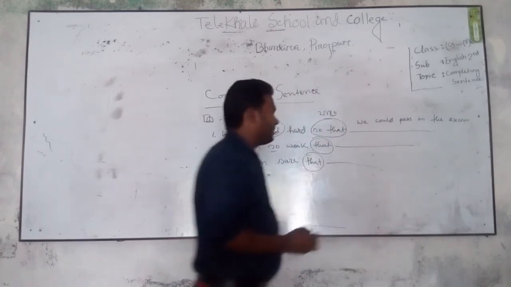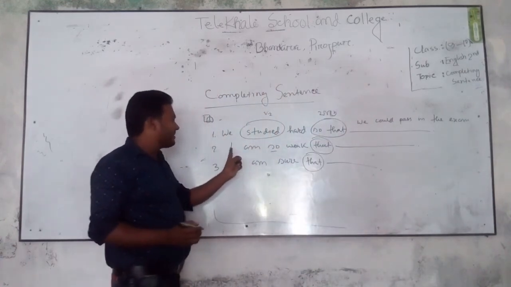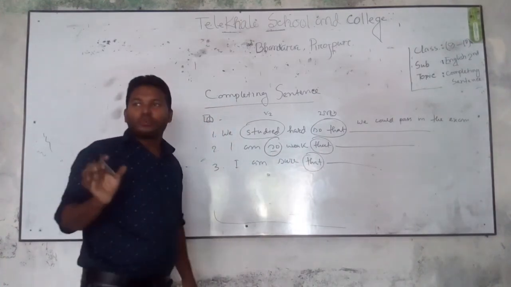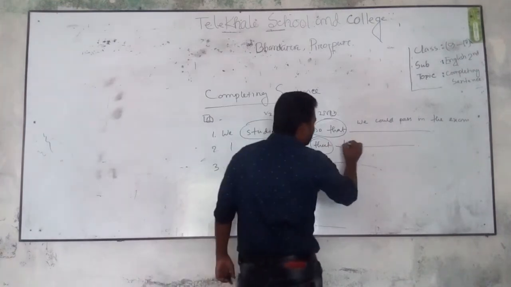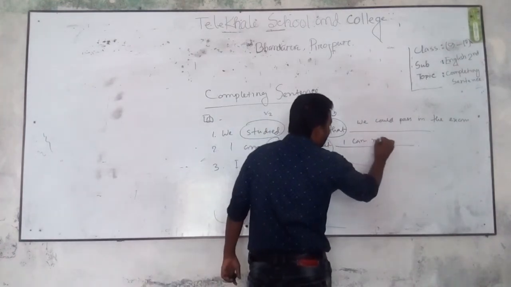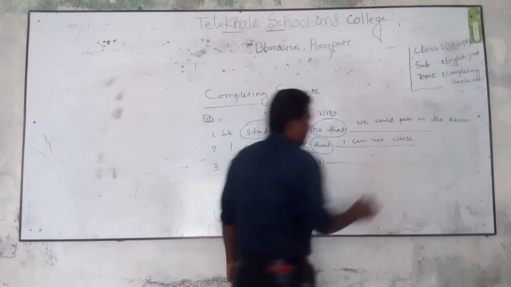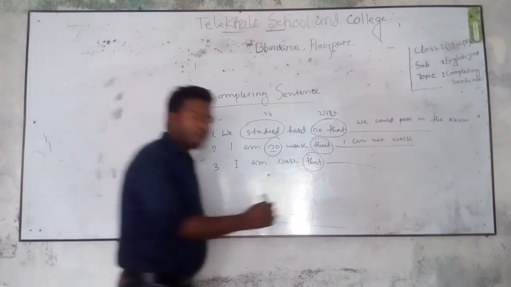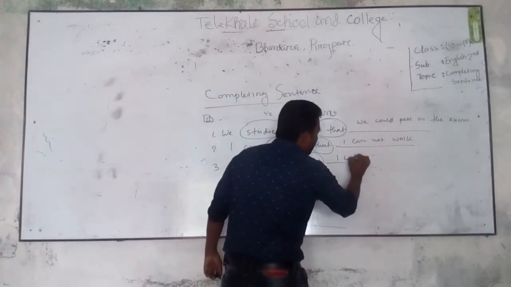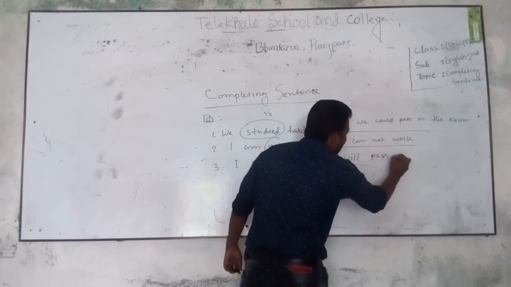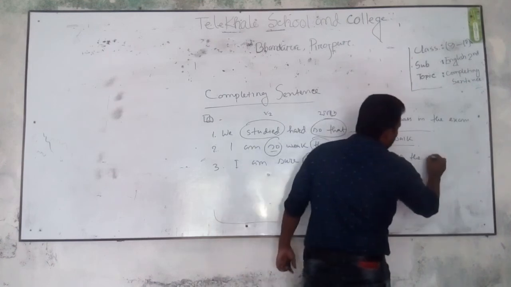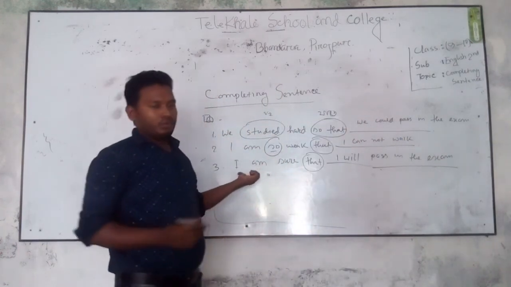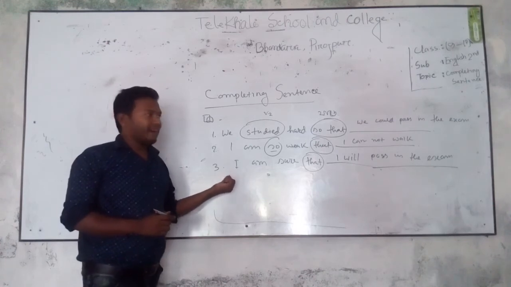And second, I am so weak. আমি এত দুর্বল যে I cannot walk. Next, I am sure that I will pass. I will pass in the SSC exam. In the exam, you can write exactly this. So, these are the rules of completing rule 3.